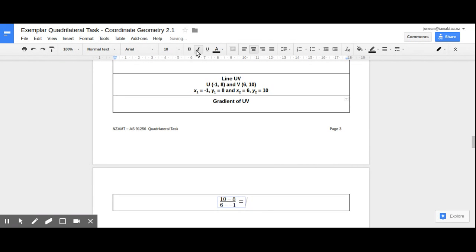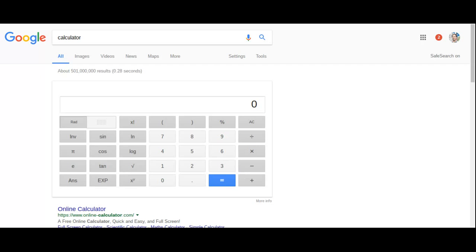Okay, now I could work that out algebraically and see that that's 2 divided by 7, but just to make sure, I can also open up a calculator so we can double check our working.